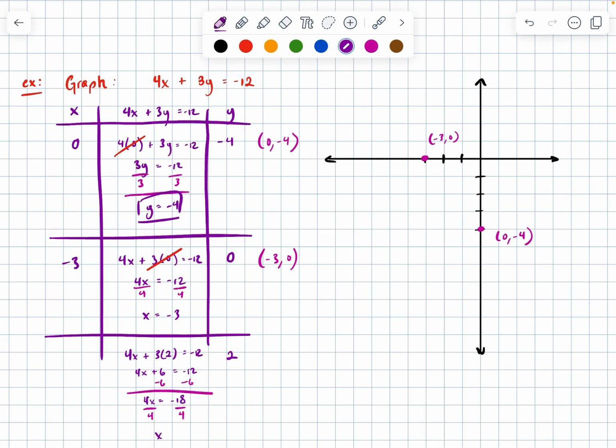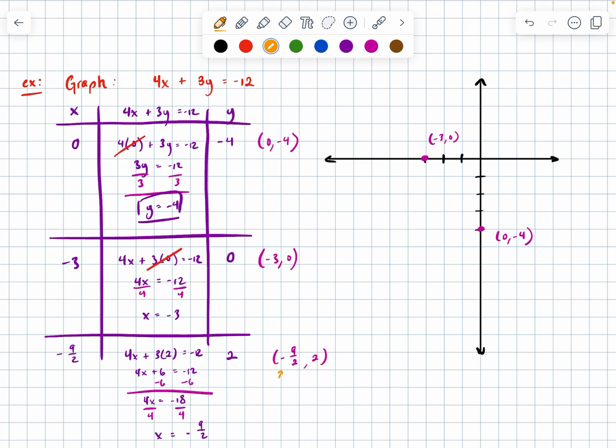Divide both sides by 4 to get x by itself, and x is equal to negative 18 over 4, which reduces to negative 9 over 2. So that tells me that the point negative 9 over 2, comma 2 is on my graph.